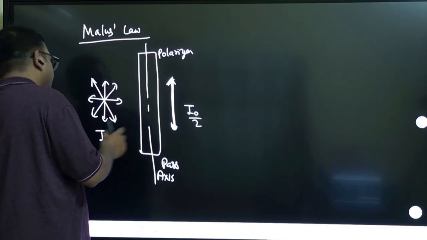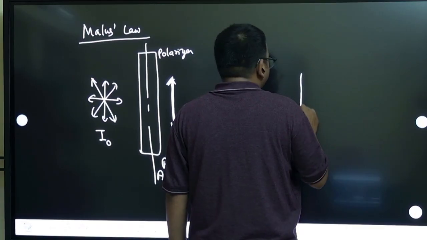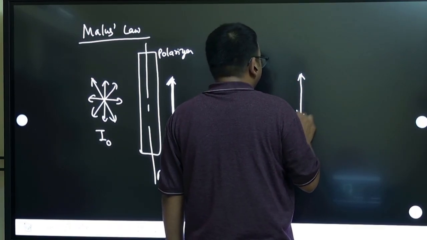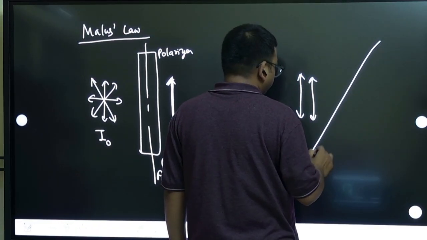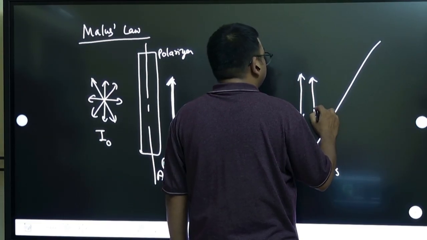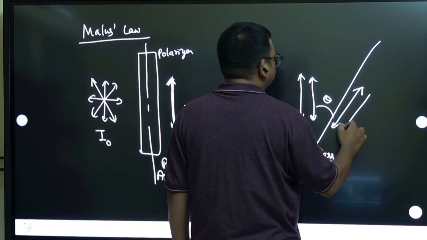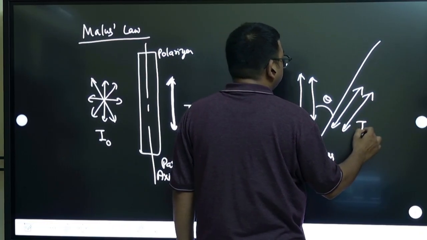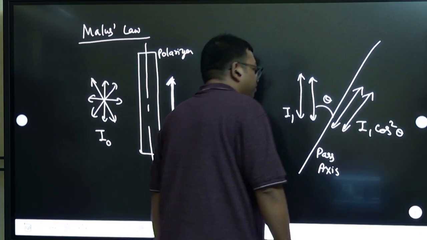That also we'll discuss, but first we need to note this. Then, suppose a polarized light is coming, let us say I1 in this direction, and this is the pass axis of the polarizer, and this angle is theta. So, after passing through, this intensity becomes I1 cos squared theta.